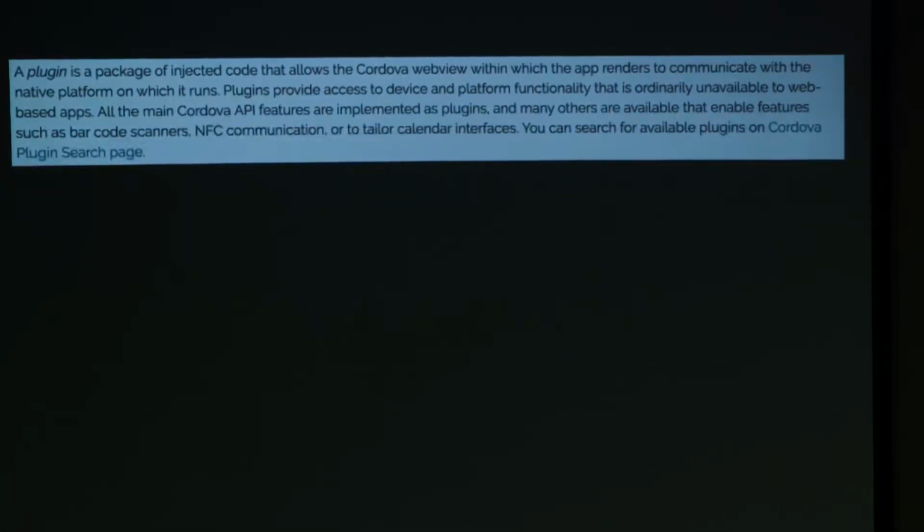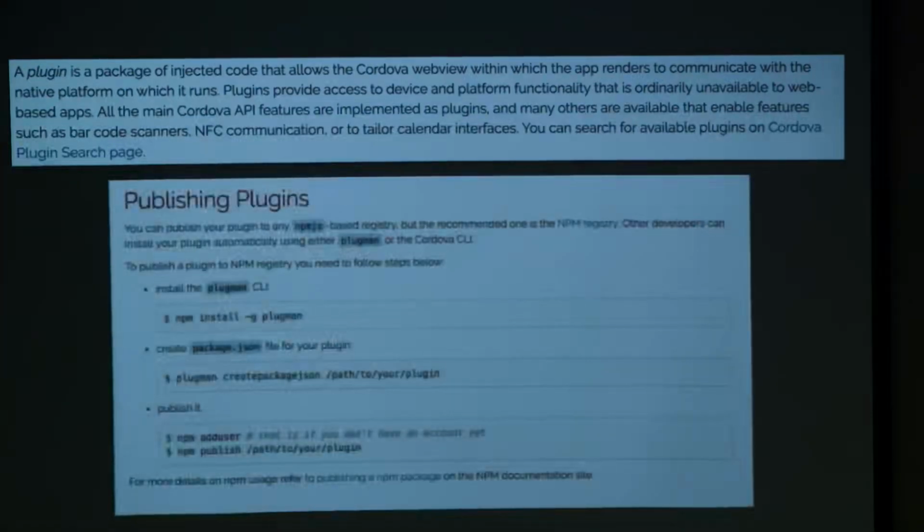To me, that sounds like cross-site scripting. I don't know, but it tells you blatantly in their documentation. And this is how you basically publish a plugin. Pretty simple, not hard. Again, probably a big area for research if it's not done already.